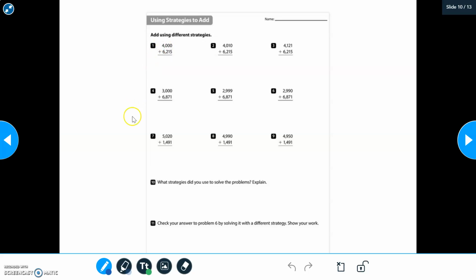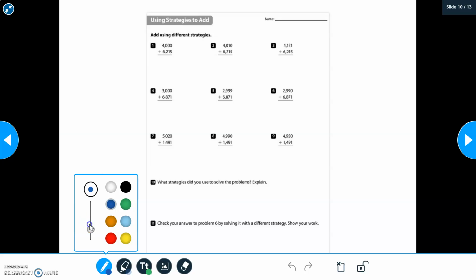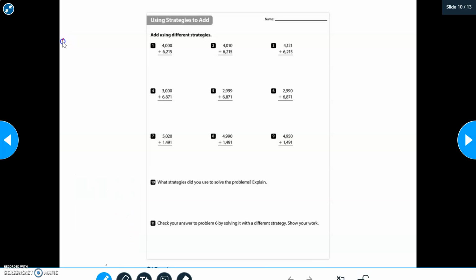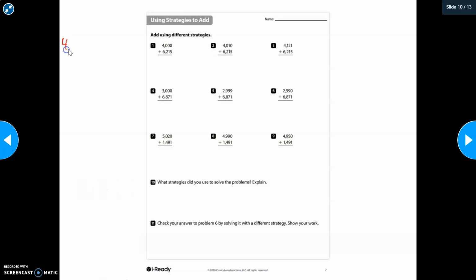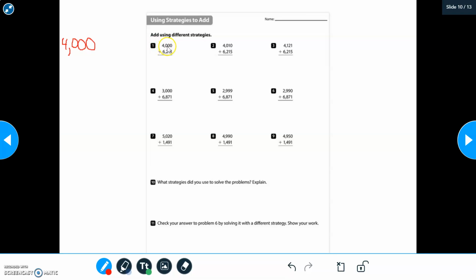So I have 4,000, which means I need to write this number 4,000 in expanded form. So I'm going to write 4,000. And I don't have to add anything to this because I don't have any numbers in the hundreds place, the tens, or the ones place.